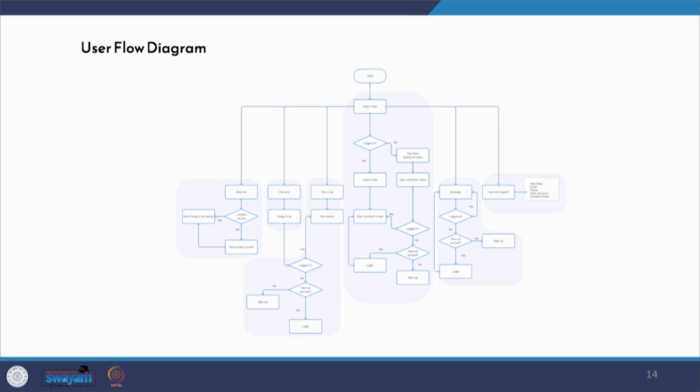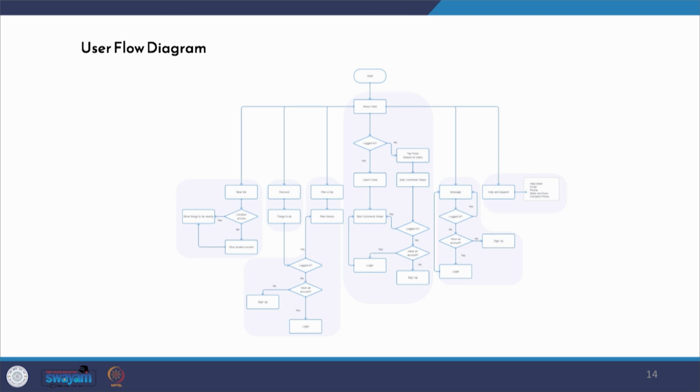So, a user flow diagram is also known as a user journey. So, this is a visual representation of the steps and interactions that a user will take while he is using a system, website or it could be an application. So, it maps out the path a user follows from the initial entry point through the various screens, actions and decision points until the desired outcome is achieved.